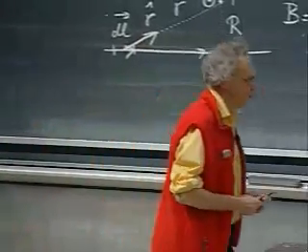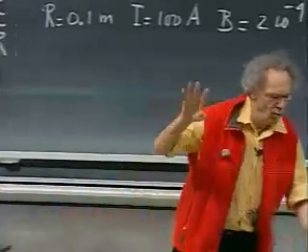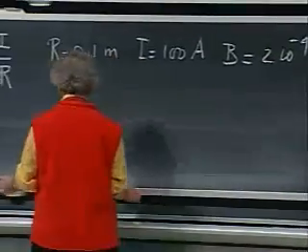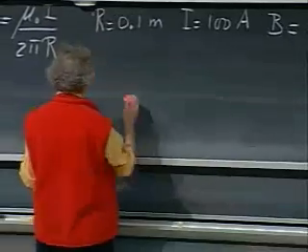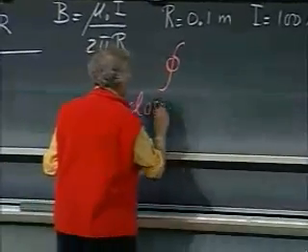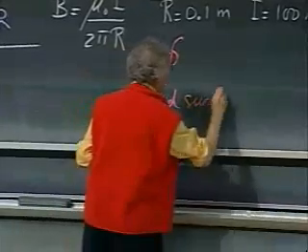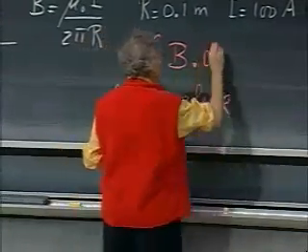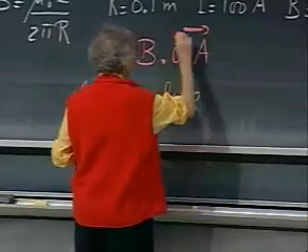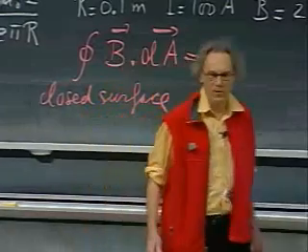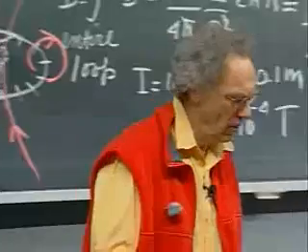And this now brings us to the second of 4 Maxwell's equations. The first one being Gauss' law. The second one is that the closed surface integral of B dot dA is always 0, unless you come with a magnetic monopole.